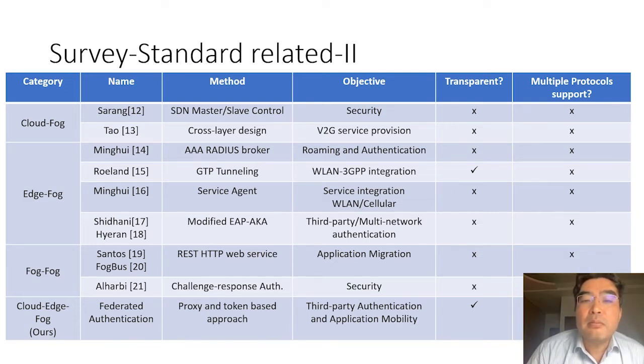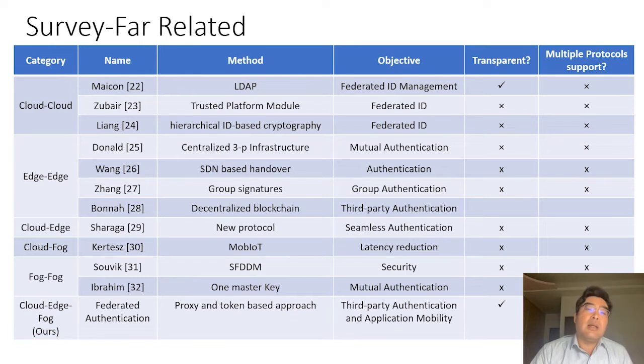Also, they don't try to support multiple protocols. In our case, we try to support multiple protocols. That's the difference. Another survey table covers approaches that simply ignore existing protocols adopted in cloud, edge and fork.